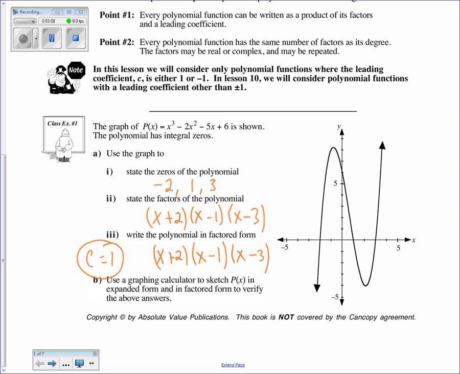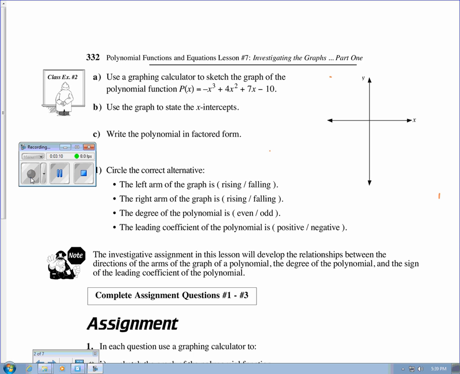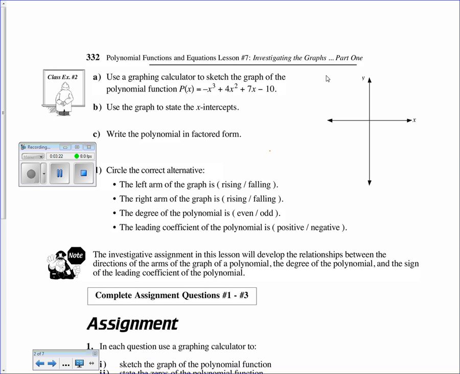Let's turn the page. All right, I'm going to graph this on my calculator and draw a sketch of it. I want to pay particular attention to where the graph crosses on the x-axis. And I see that my graph crosses at -2, at 1, and at 5. And I want to follow those points. These are my x-intercepts.